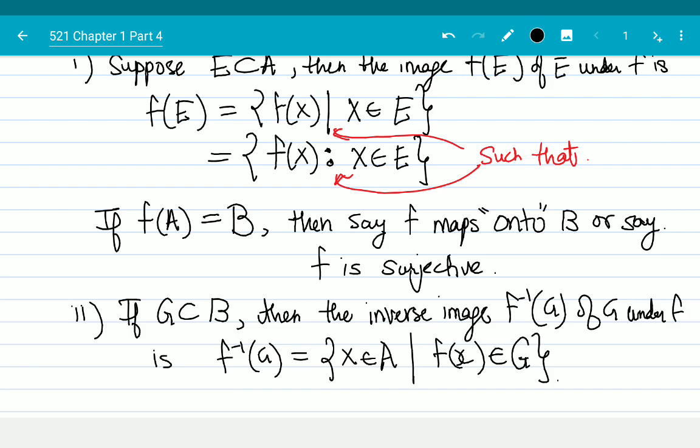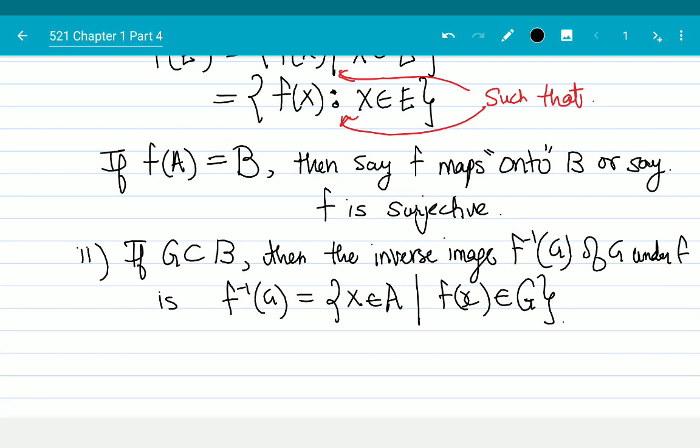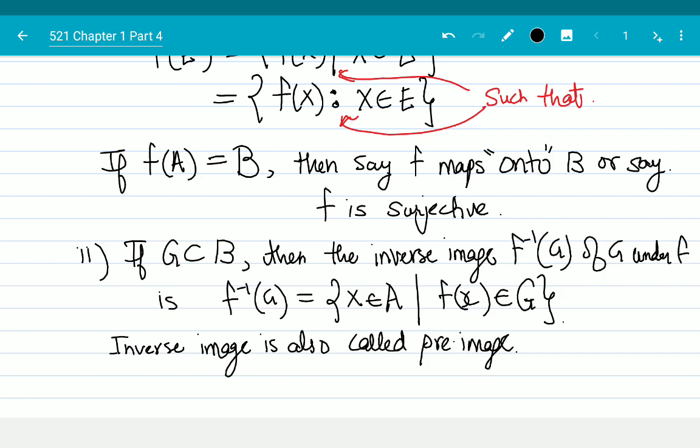Okay, so these are all the elements whose image is in G. The inverse image is also called a pre-image at times.